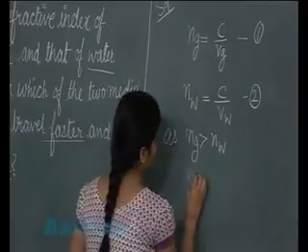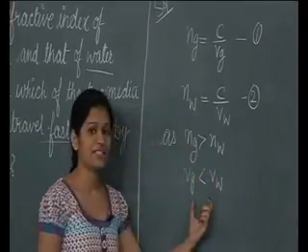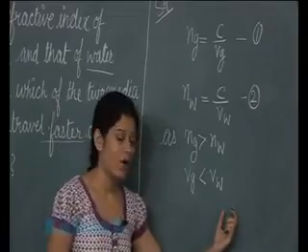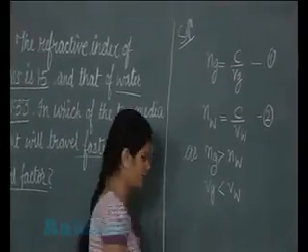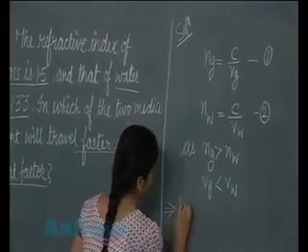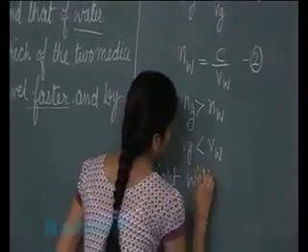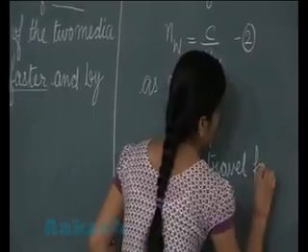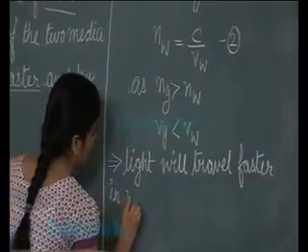Therefore, Vg is less than Vw, or we can say that the speed of light in glass is less than the speed of light in water. This implies that light will travel faster in water.